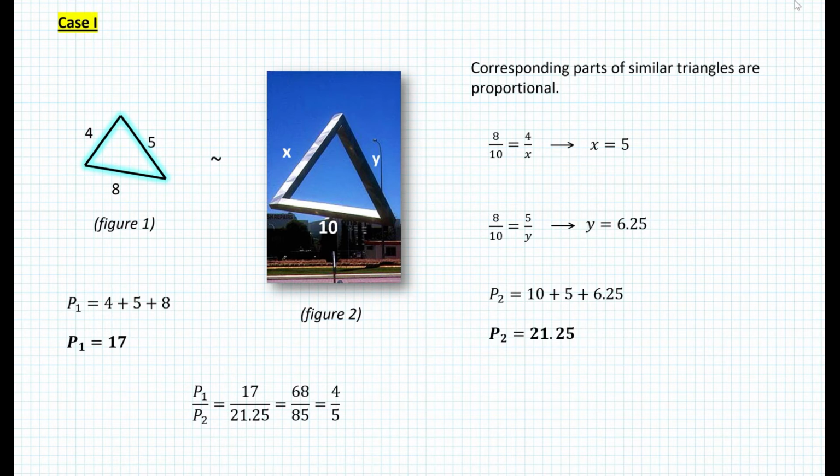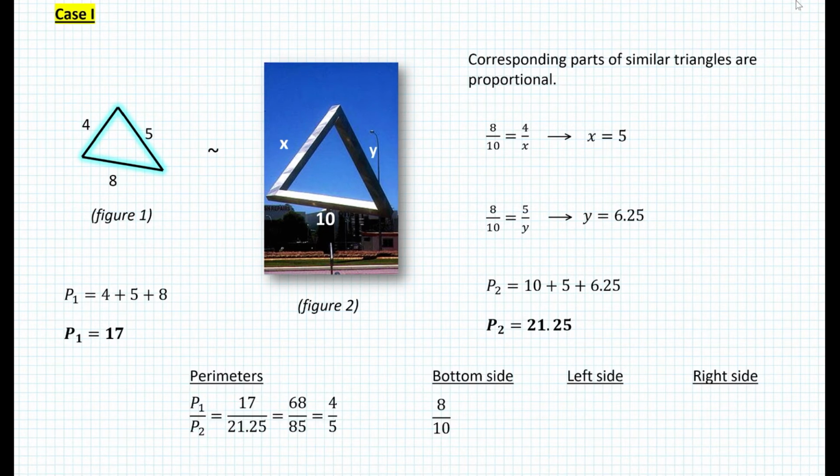So does this number look familiar? We know that the ratio of the first perimeter to the second perimeter is 4 over 5. What else is the ratio of 4 over 5? Let's compare the ratios of all the sides. For example, the bottom side, the ratio is 8 over 10, which also simplifies to 4 over 5.